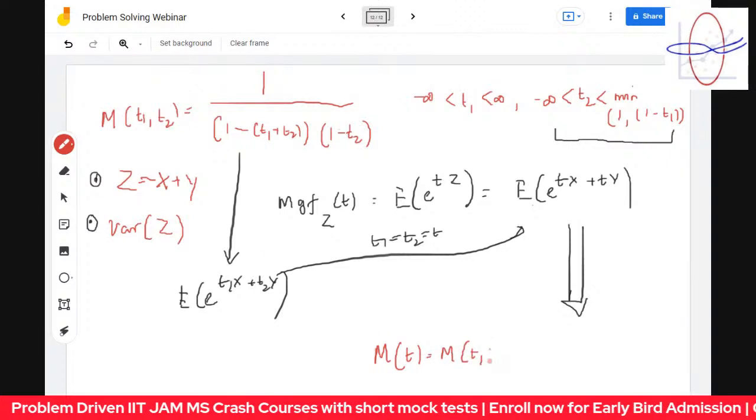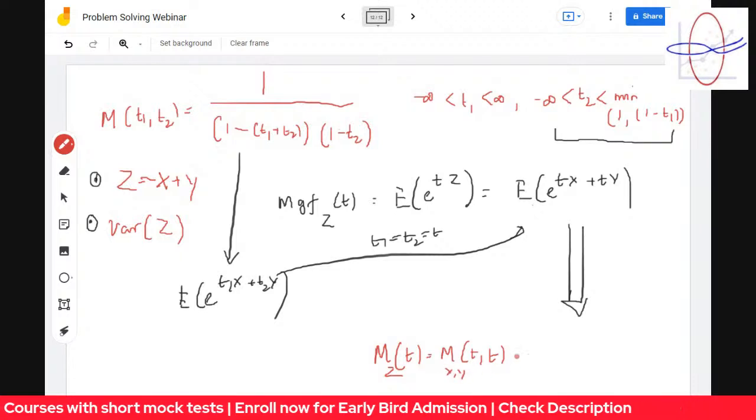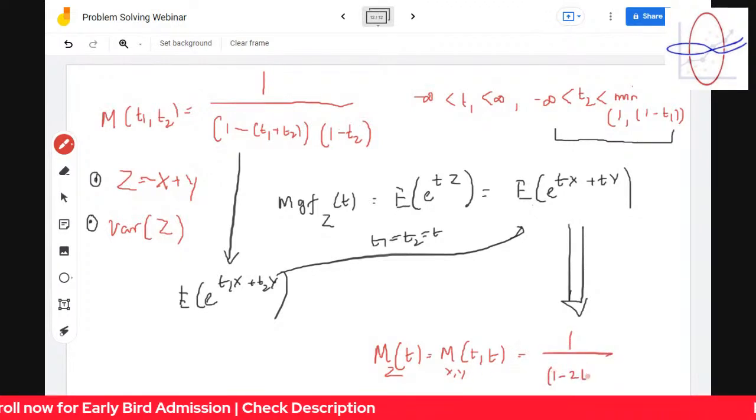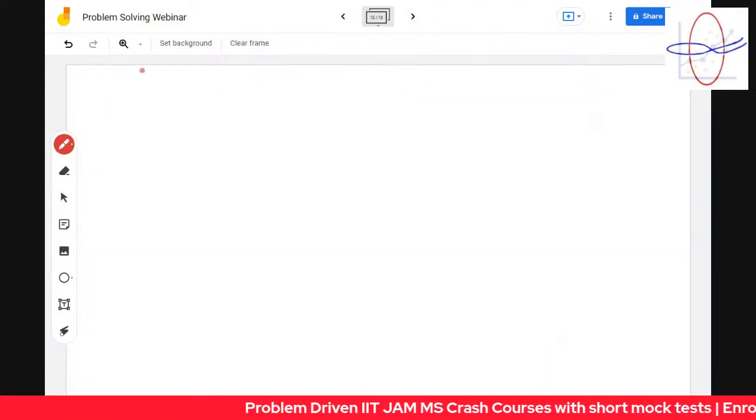It's same as M(t, t), which is equal to 1 minus 2t into 1 minus t, where there is a condition over here. What is the condition? Let me write it again.